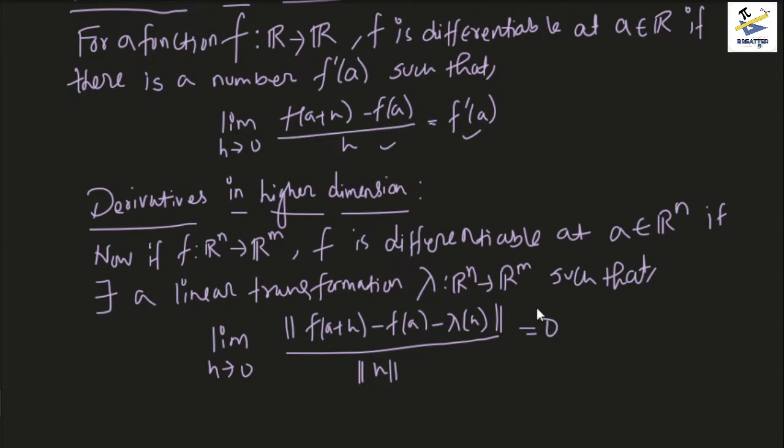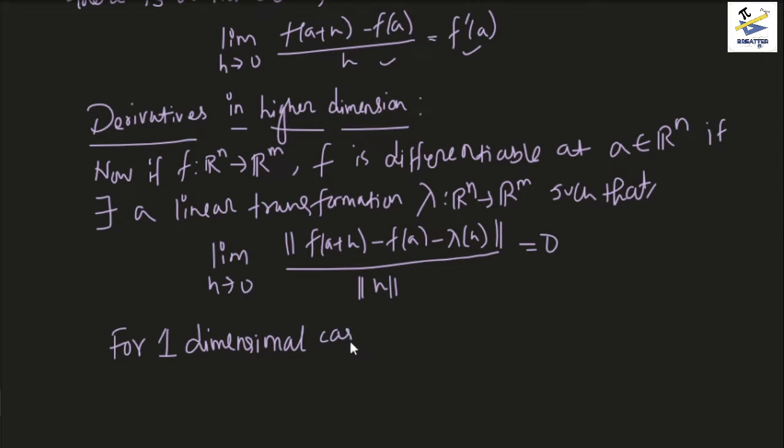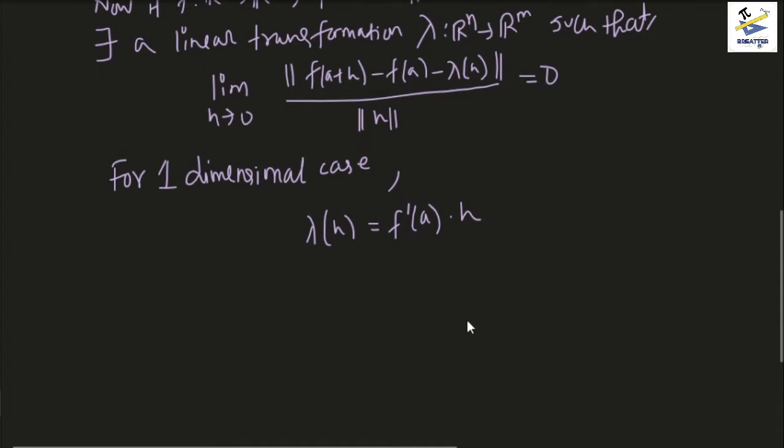And this lambda of h is basically that derivative. It's called the derivative. In the one-dimensional case, this lambda of h can be defined as follows: lambda of h is f dash a times h. So this is basically the derivative definition for higher dimensions, and we can often say that lambda plus f of a is a good approximation to f of a plus h.